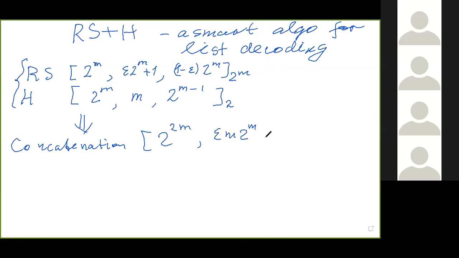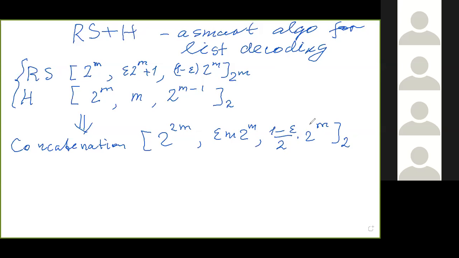It's not important to us, to simplify the notation. And the most important thing here is the relative distance. So the relative distance is 1 minus epsilon over 2. So this is almost the maximal relative distance possible for binary code. By Plotkin theorem, the maximal possible is 1/2. And if epsilon is small, this is close to 1/2.